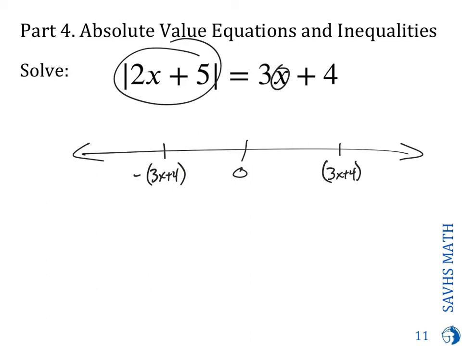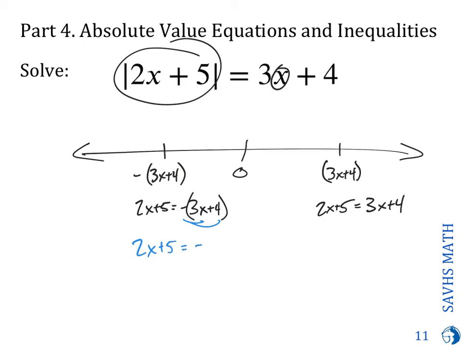So we could say 2x plus 5 is equal to negative 3x plus 4. Or we could say 2x plus 5 is equal to positive 3x plus 4. Be really careful about your negatives here because you have to distribute that negative through. And so what we end up with is 2x plus 5 equals negative 3x minus 4.